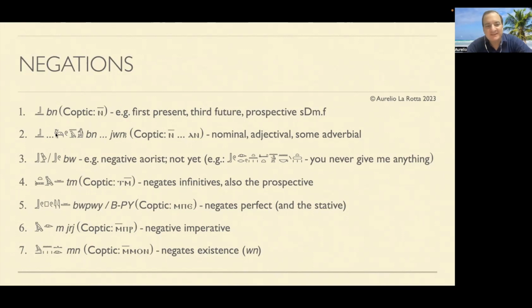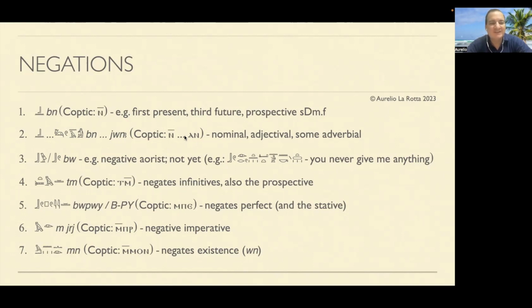This can be expanded by a little particle spelled out with iwn, which in Coptic just becomes an. So bn something, something an, a little bit like in French, ne pas or ne plus. This basically becomes a bracket around whatever is being negated.